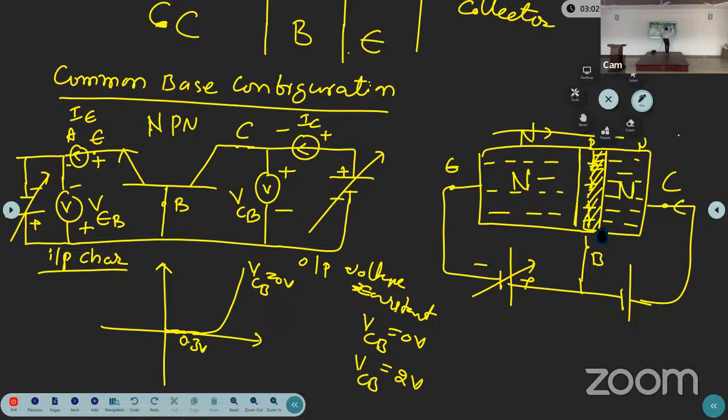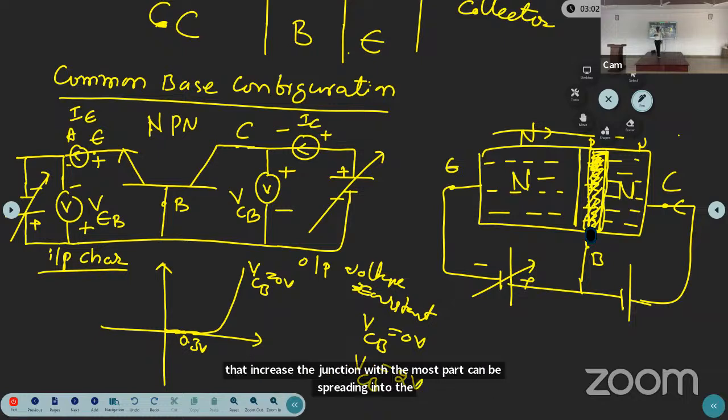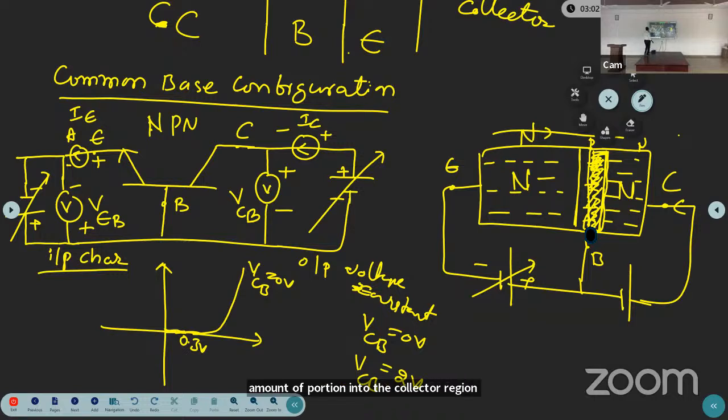That increased junction width mostly spreads into the base, and a very small amount into the collector region.